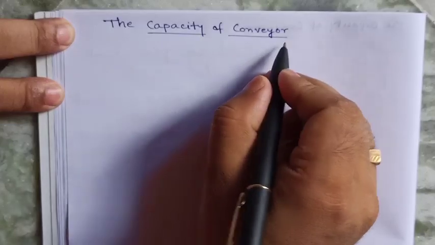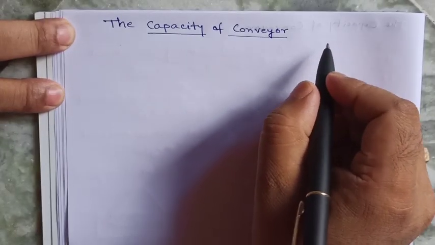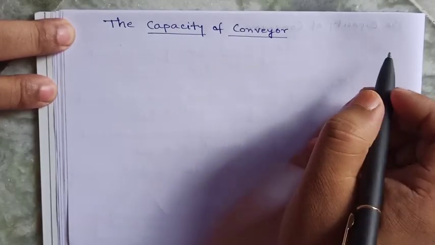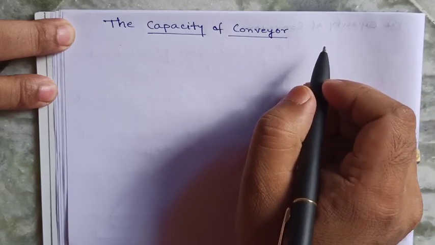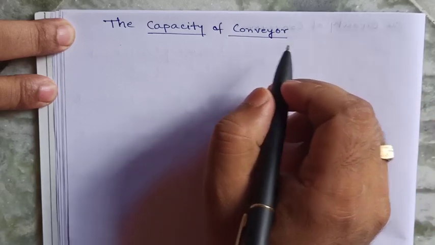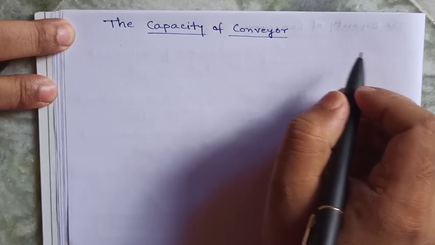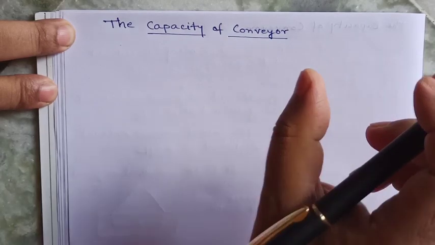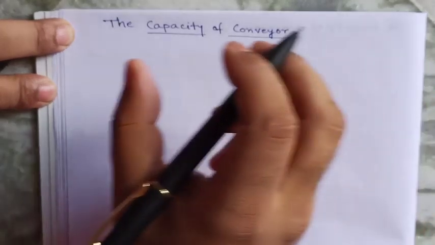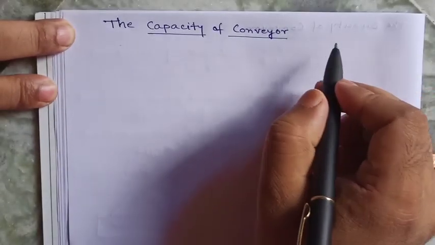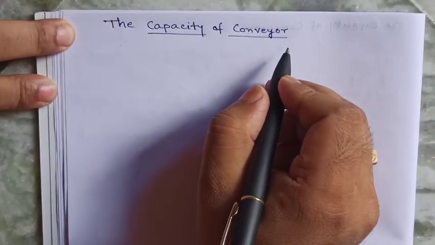It's called the capacity of conveyor. What is the amount of the material that can be flowed? That is called the capacity of conveyor, which is the rate at which the material is being carried out. The rate of material that can be transferred through the conveyor is called the capacity of the conveyor.